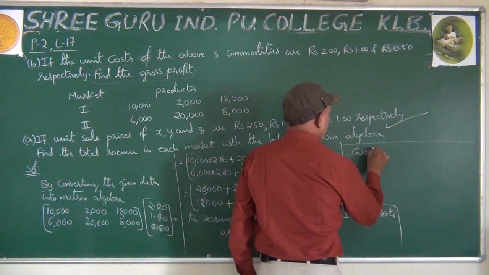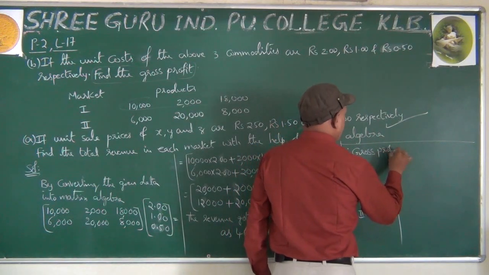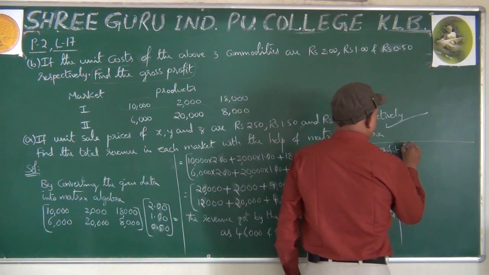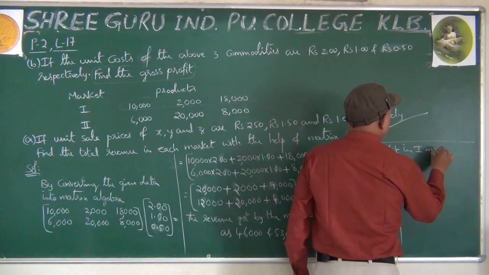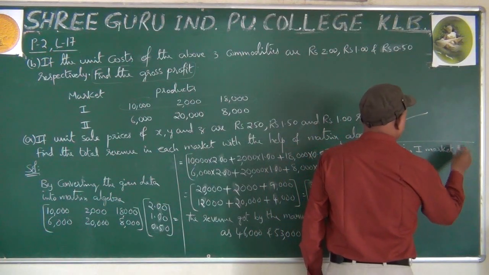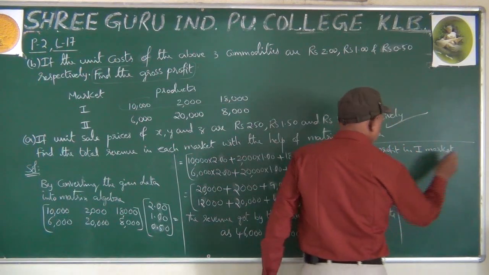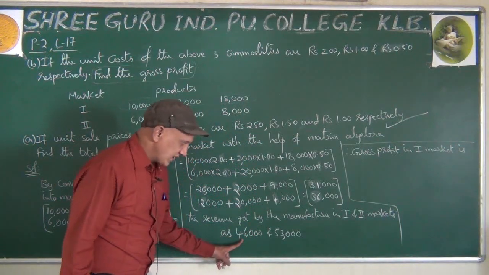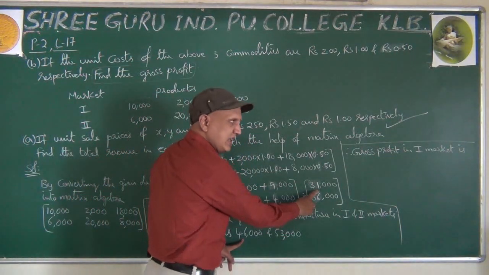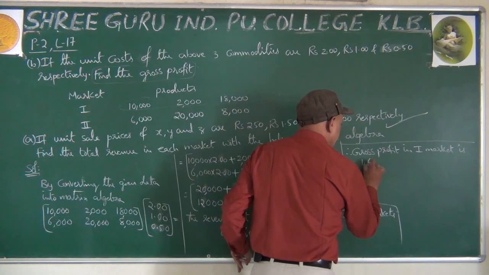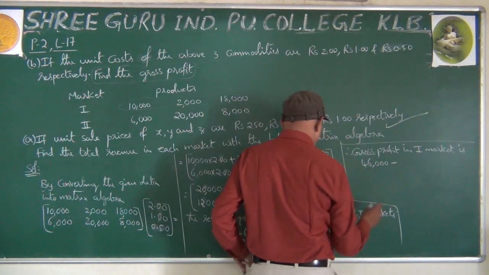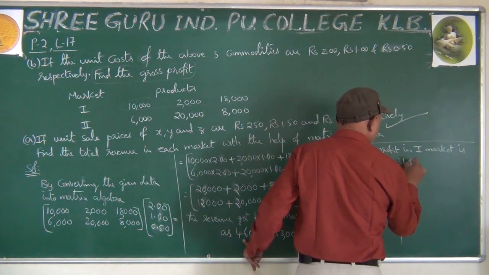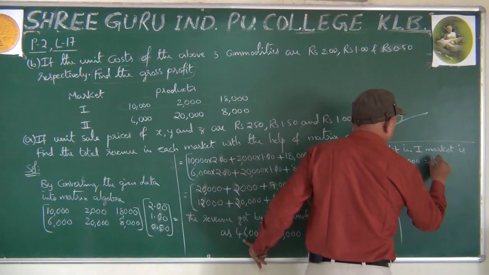Therefore, gross profit in the first market is 46,000 minus 31,000, equal to 15,000.